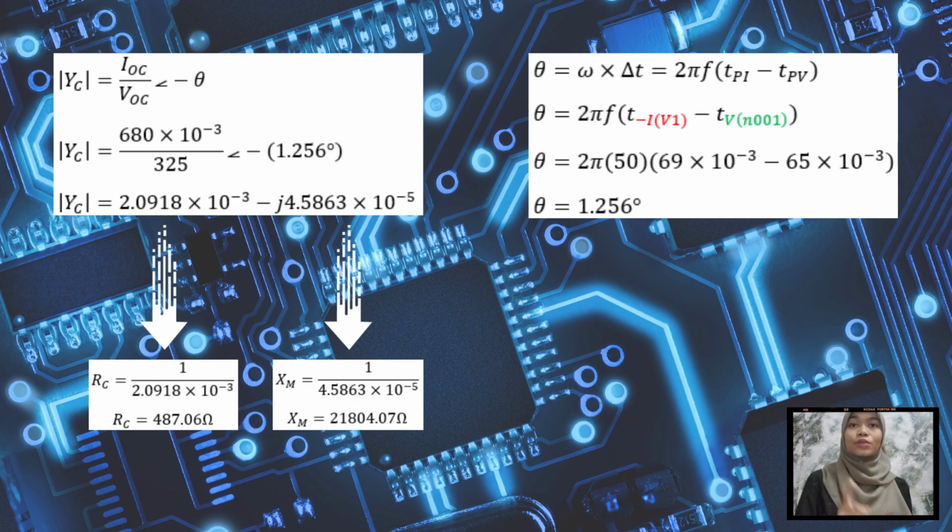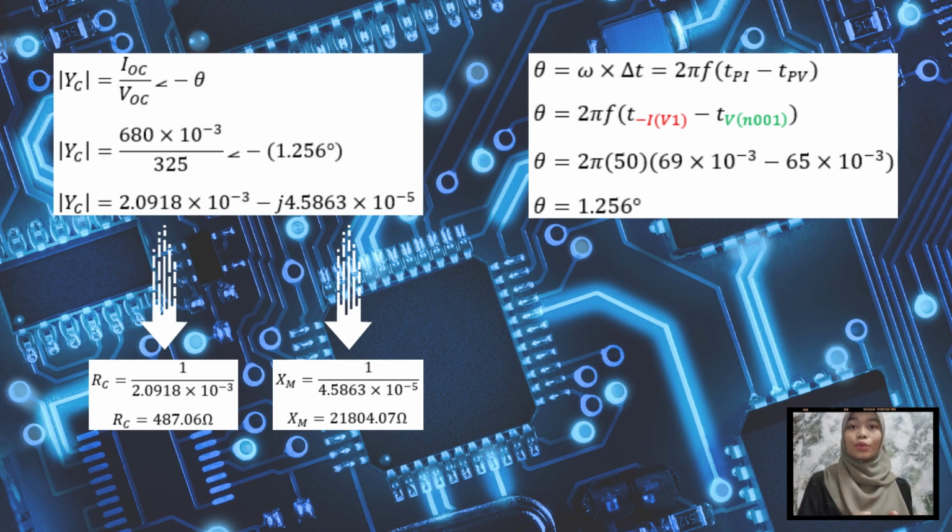Modulus YC equal to 680 times 10 to the power of negative 3 divided by 325 at angle negative 1.26 degrees, and we get YC equal to 2.0918 times 10 to the power of negative 3 minus j 4.5863 times 10 to the power of negative 5, and these values give us 1 over RC and 1 over XM.